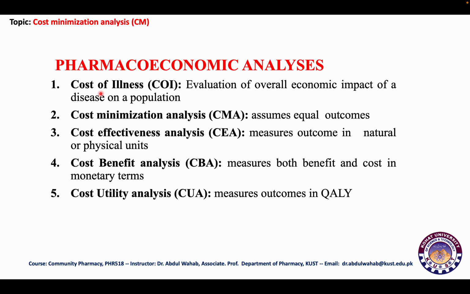Cost of illness analysis is the evaluation of the overall economic impact of a disease on a population. Cost minimization analysis assumes equal outcomes. Cost effectiveness analysis measures outcomes in natural or physical units, while cost benefit analysis measures both benefit and cost in monetary terms.